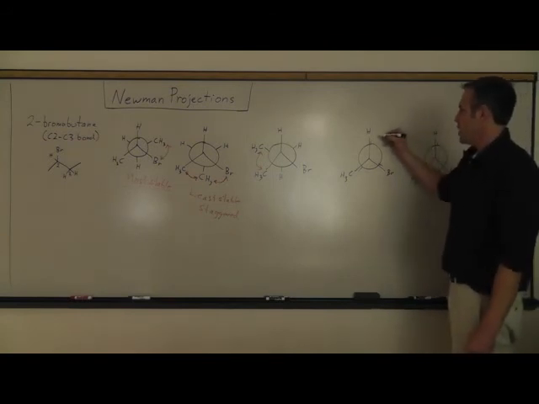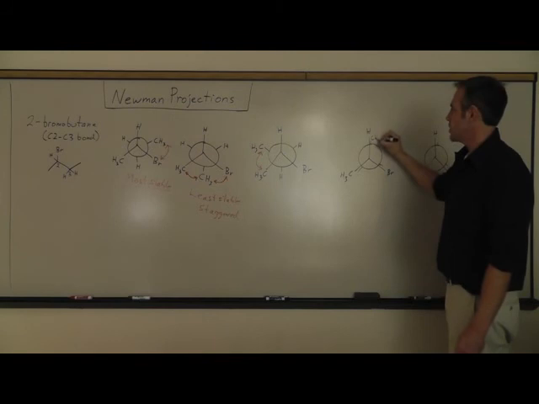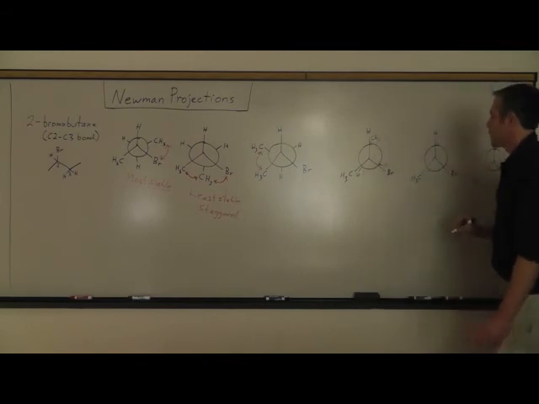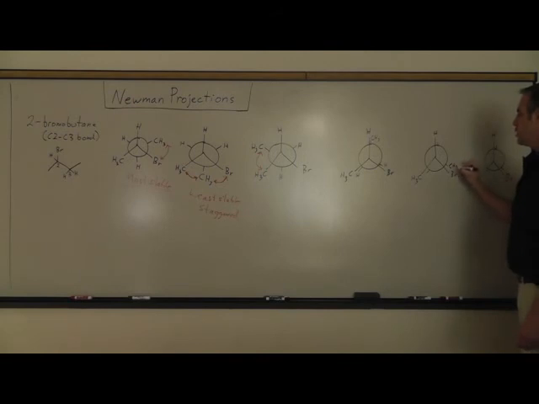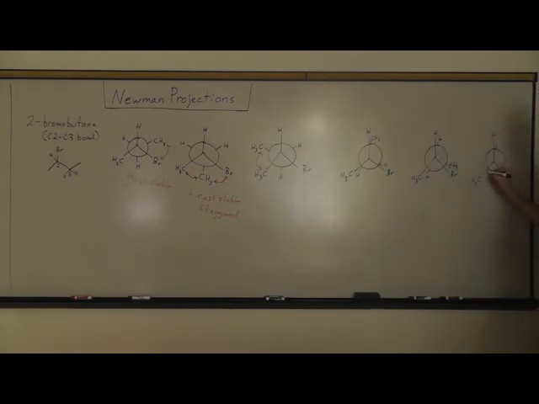And so we can have the possibility where the methyl group is here, and then that means the hydrogens are over here. We could have the methyl group here, or we could have the methyl group down here. And so now we have three different energetic conformations that we can consider.